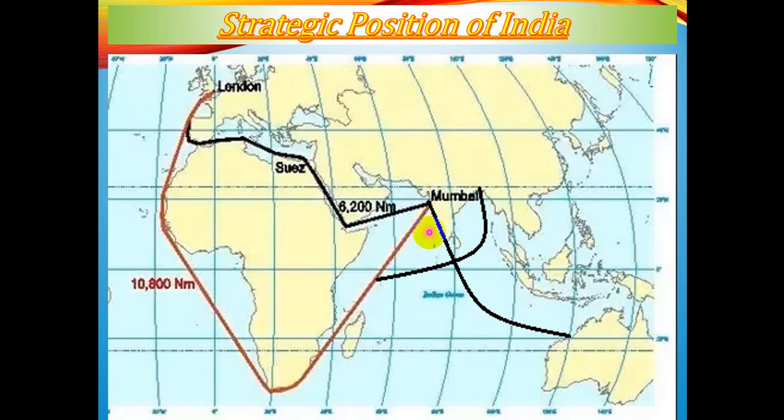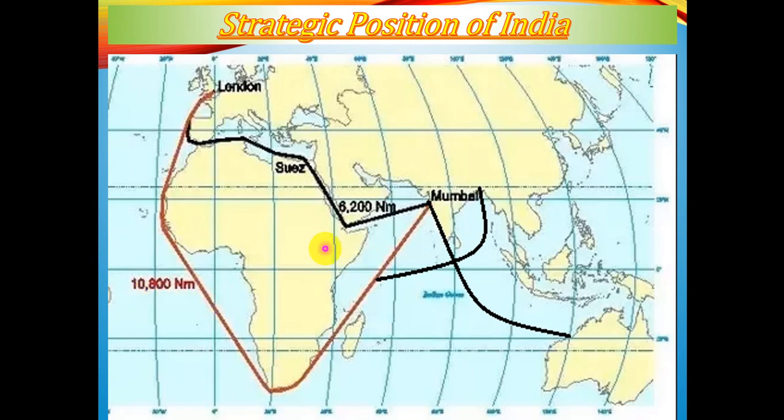Now you can see this is the Suez Canal, the Red Sea area where the Suez Canal is. Earlier, when the Suez Canal was not developed, we had to travel from Mumbai around this edge of Africa and then go to this part of Europe. So it used to cover 10,800 nautical miles.